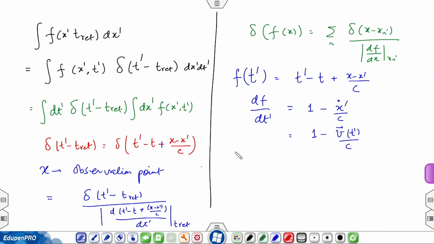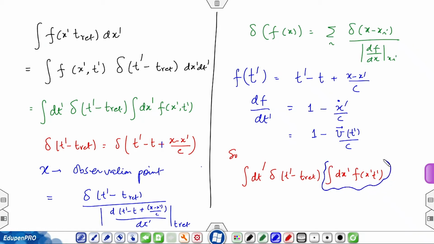So, this integral dt' delta(t' minus t retarded) integral dx' f(x', t') is going to be, notice that this part is for a given t', and for a given t' this is equal to L, and the rest of the complication is coming into this delta function.